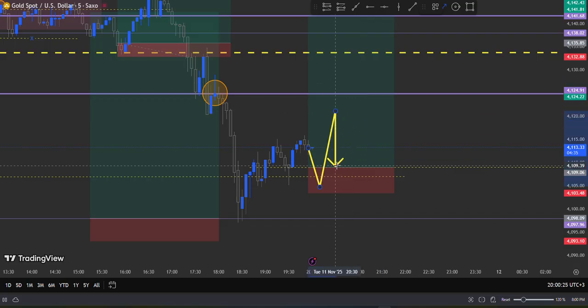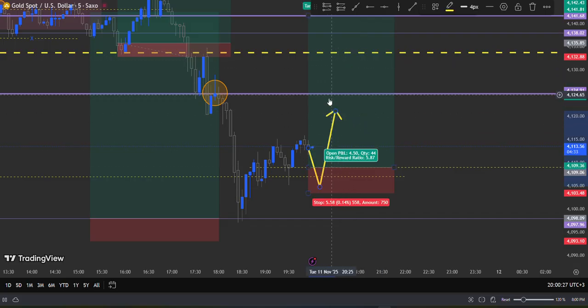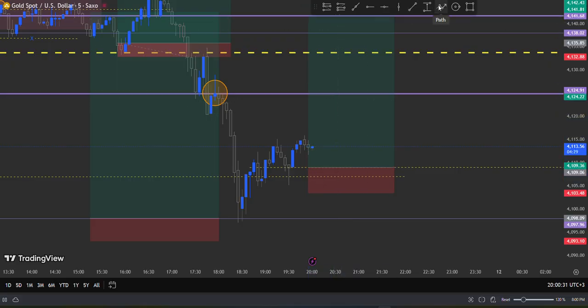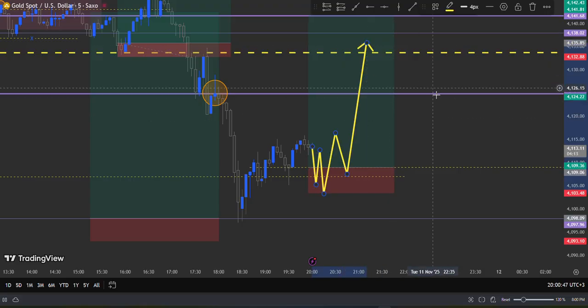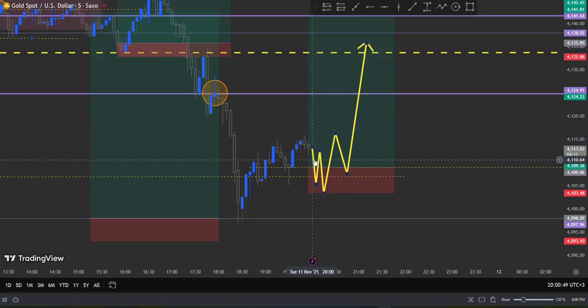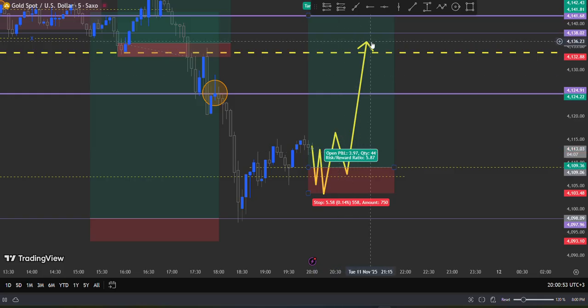Sorry, the market may come do this. So see, the market is pushing up, may come sweep out that, then we can continue there. Yeah, that's what we may see to get a clear confirmation.